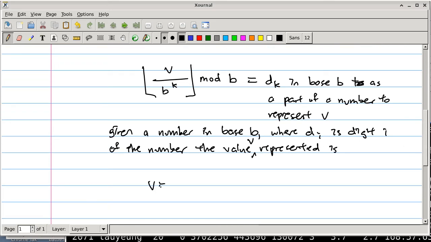So V is the summation of i going from some number, I'm not going to use a negative infinity here, but I'm going to use a symbol. Okay, we can use L to M, di times b to the power of i.